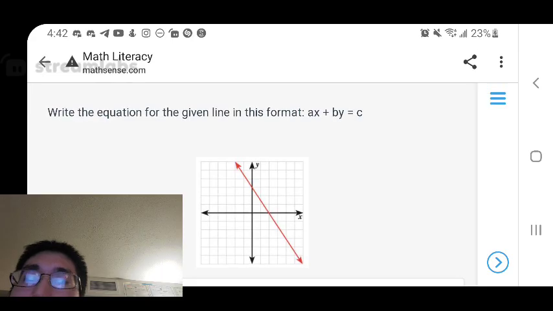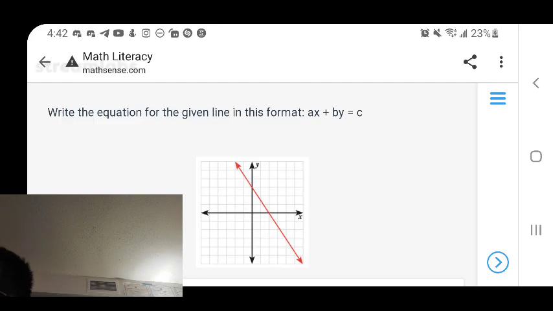Yeah, Ax plus By equals C. Ax plus By is C. Yep.